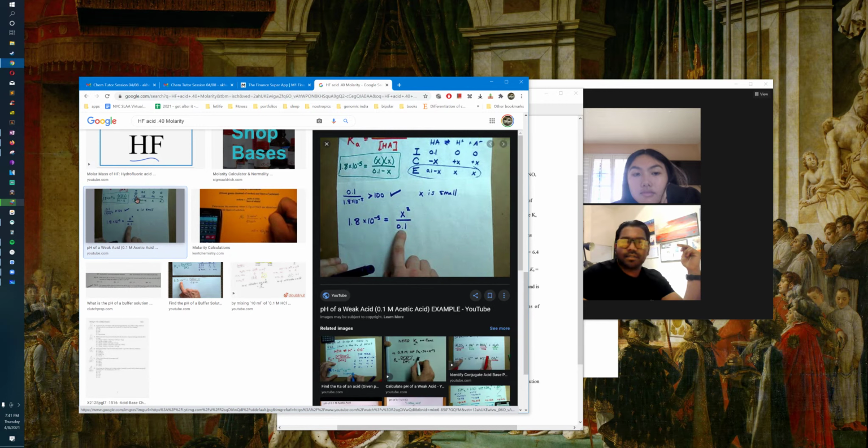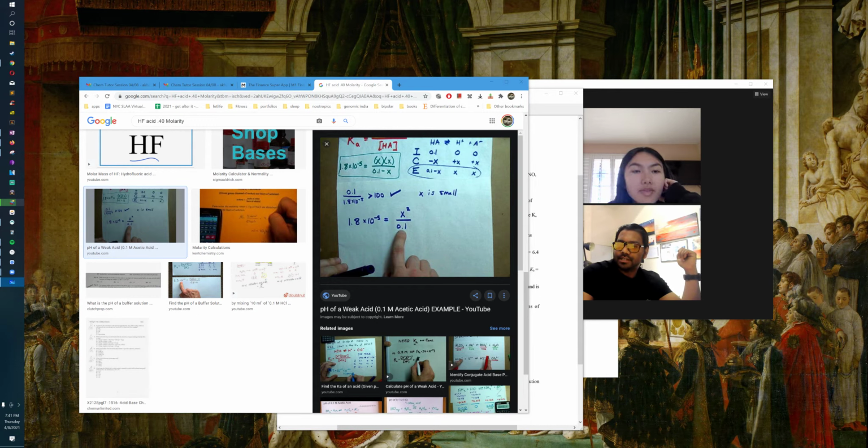The only thing that would change is the denominator being 0.4 minus x, but x is pretty small, isn't it? 0.4, and then this is 0.017. Whatever, that's pretty small. I don't think it'll change too much.